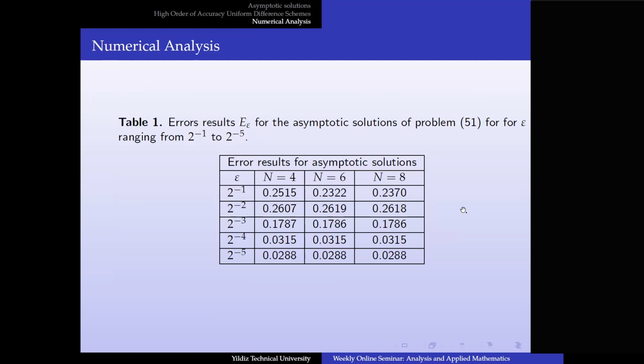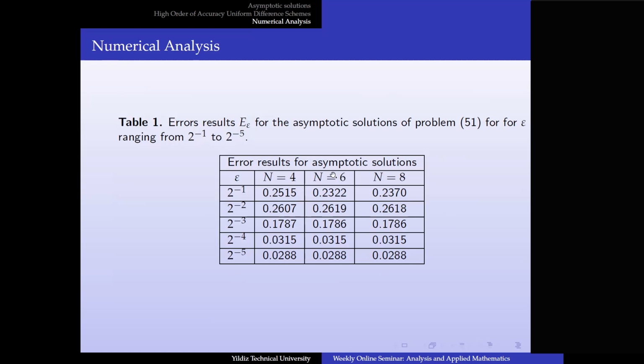And in the first table, using the asymptotic solution formulas, the error results for the asymptotic solution of problem 51 are the following. Here, epsilon values range from 2 to the minus 1 to 2 to the minus 5. But for other epsilon values or smaller ones, this formula also works very well. Then the results are very good for all small epsilons as well.